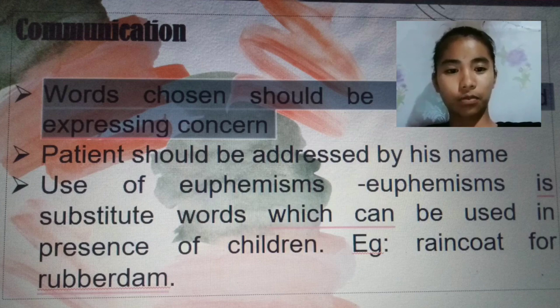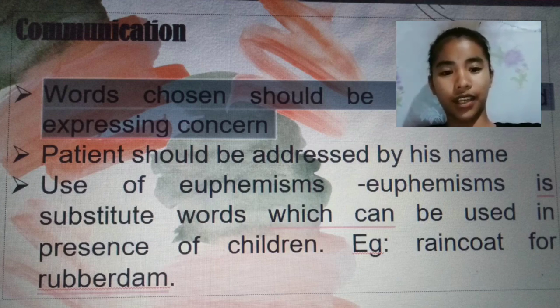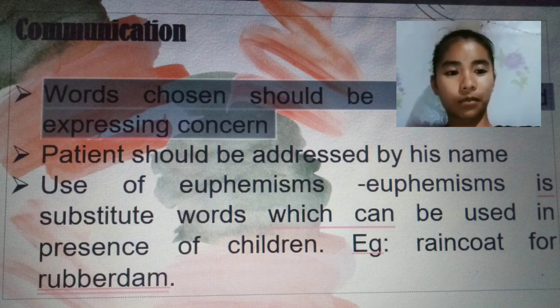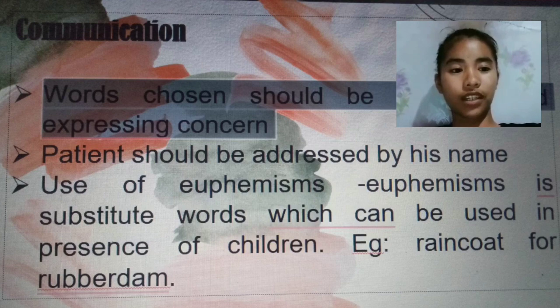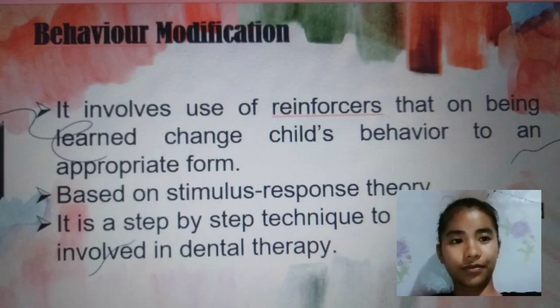The patient should be addressed by his name. Use of euphemisms, which are substitute words that can be used in the presence of children. For example, raincoat for rubber dam, and passed away instead of died.